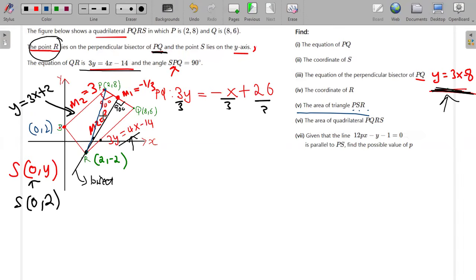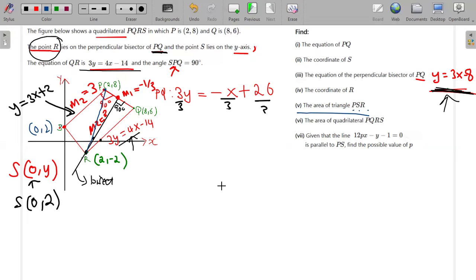Or I can get the height and the base of this guy, and then easily use the half b times h formula to find the area. So let's try to use the direct method formula.